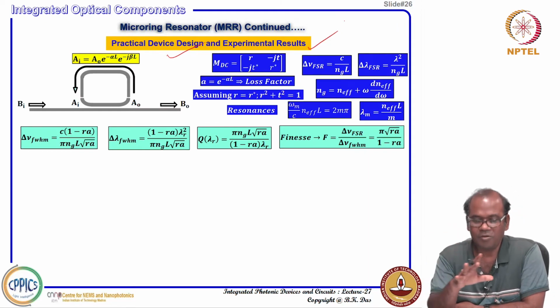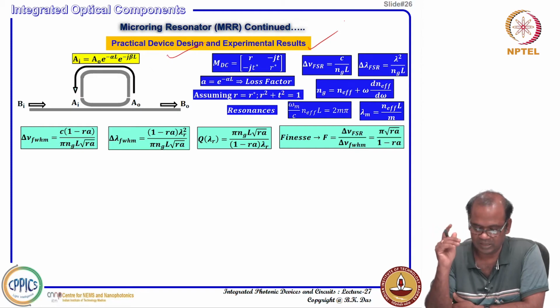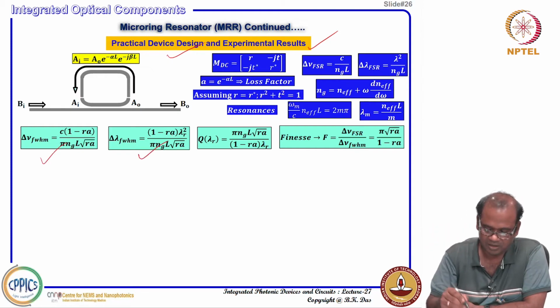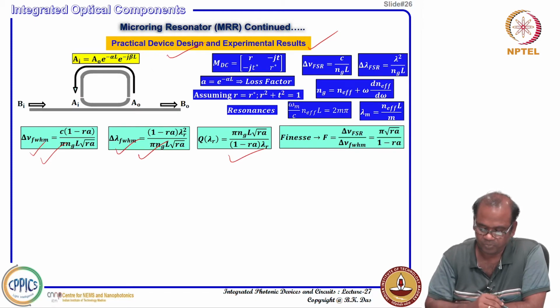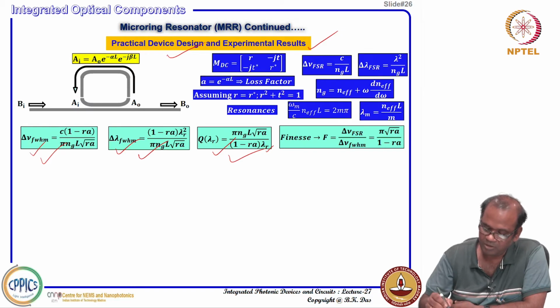So, we know what the important parameters for a microring resonator are and how to design it, and these are the figures of merit. One is the full width at half maximum in the frequency domain and in the wavelength domain, and the Q value at a particular resonance wavelength lambda r, and for a given perimeter I know the finesse also.